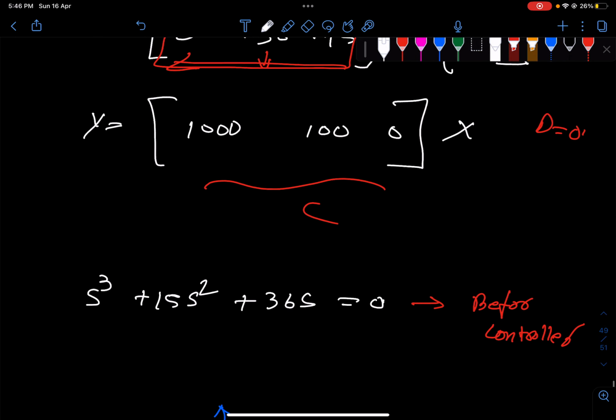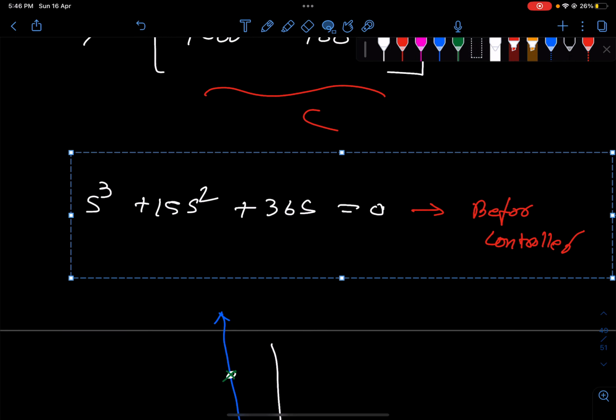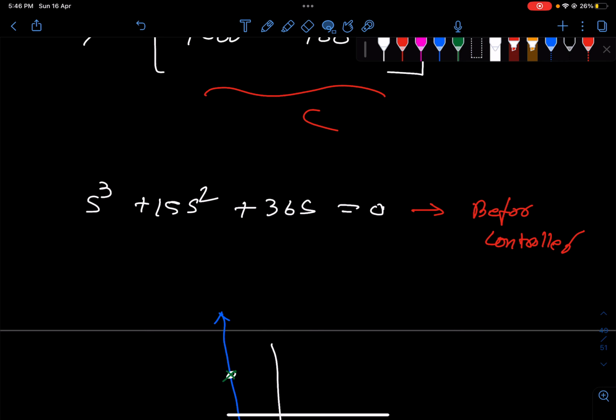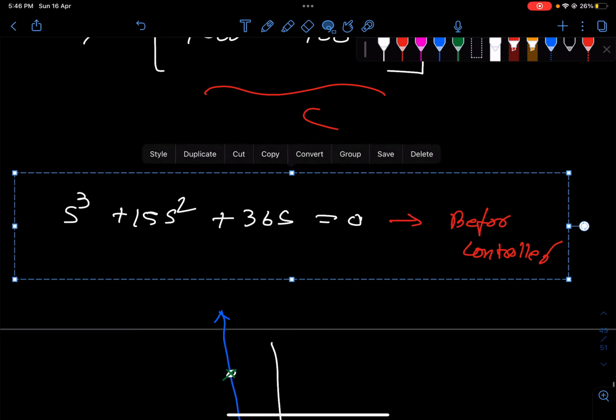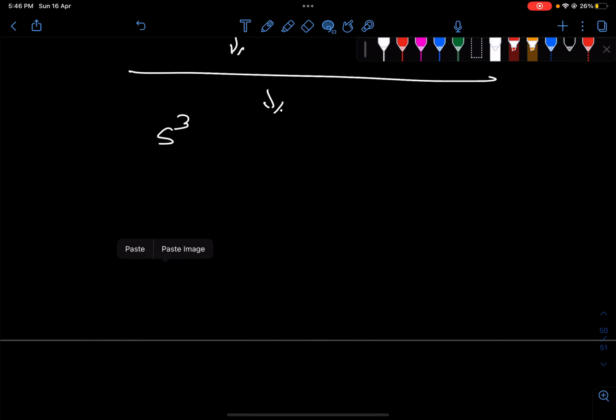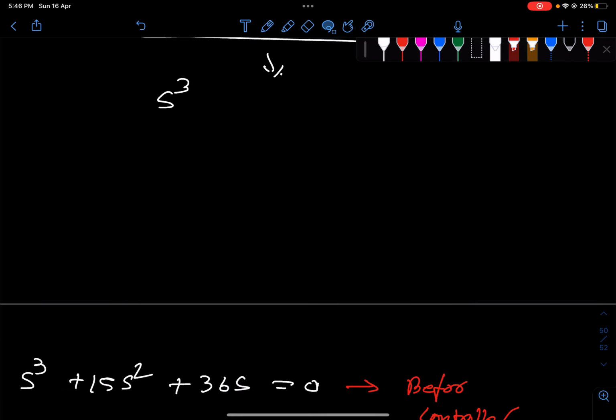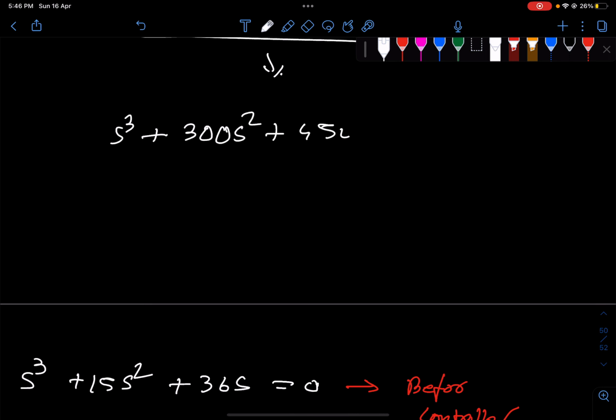This was our equation before the controller, and after the controller, you may get some equation as s cube plus 300s square plus 450s plus 200 equal to 0.